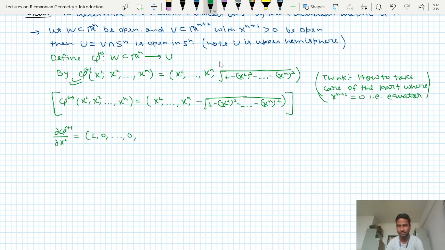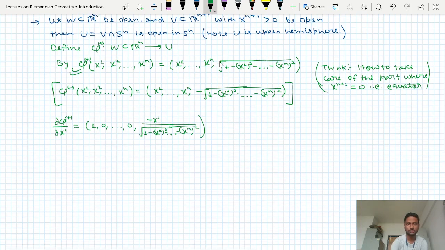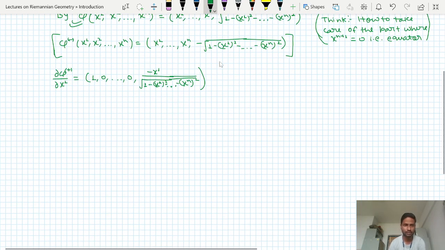And in the last coordinate, you will get in the numerator minus 2x1, but in the denominator, you will also get the 2 because of the square root. So 2 and 2 will be cancelled out. These are simple calculations, so I'm directly writing them down. Minus x1 over the square root of 1 minus x1 squared minus up to and so on minus xn squared. Okay, so this is with respect to x1.